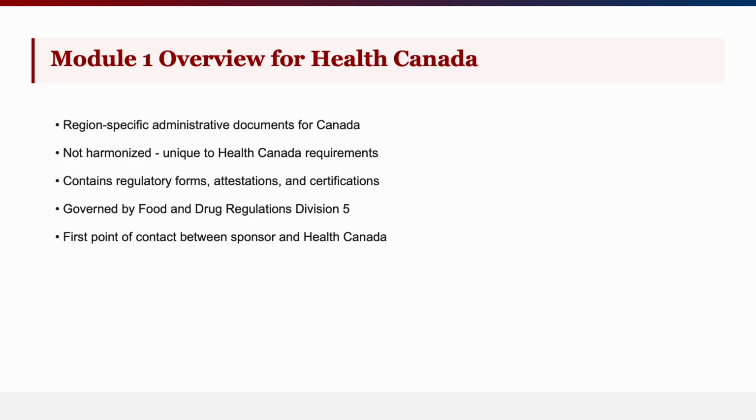These requirements are distinct from what you would submit to the FDA, EMA, or PMDA. The module includes regulatory forms specific to Health Canada, attestations and certifications required under Canadian law, and various administrative correspondence. Understanding these requirements is essential for anyone preparing CTAs for the Canadian market.